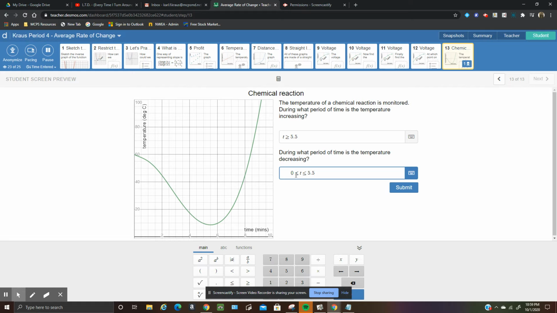So I've seen this written both ways, with greater than or less than, or greater than or equal to and less than or equal to. In my mind, it's probably better just to do this.